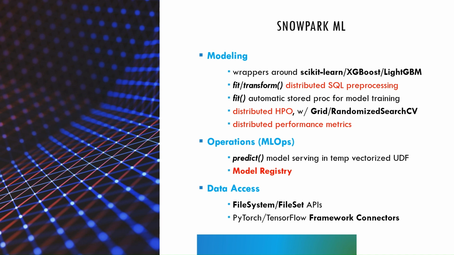So fit will automatically execute a stored procedure for model training. This is important because if you have estimators like XGBoost, let's say regression classifiers, you have typical regression classifier classes.